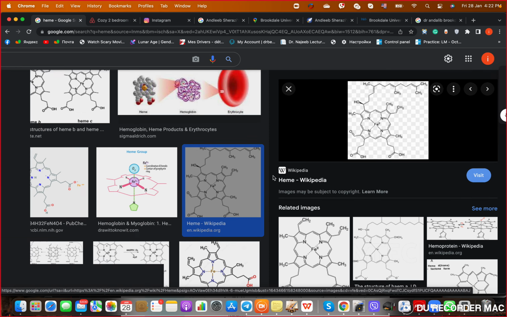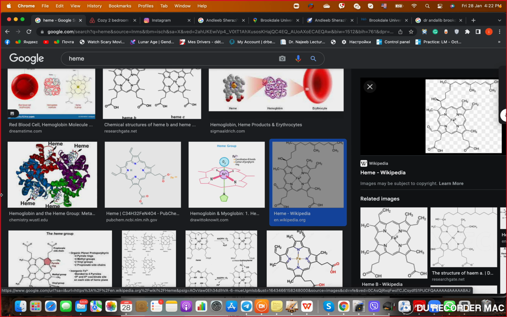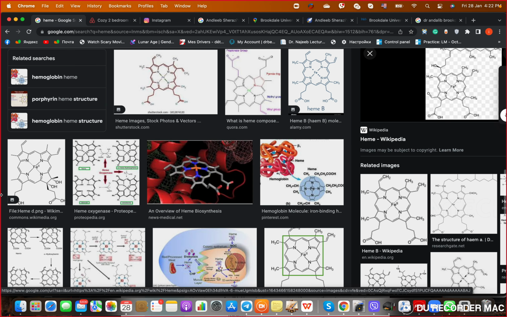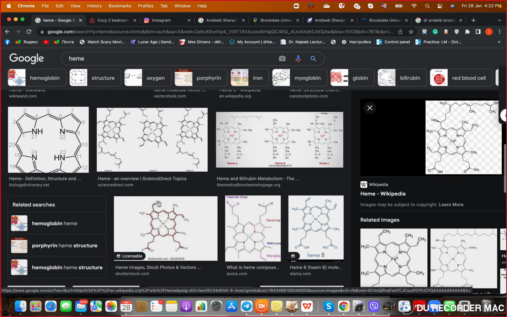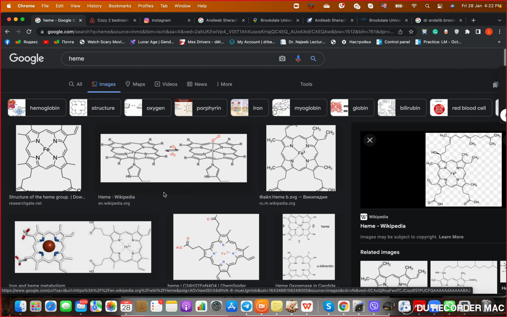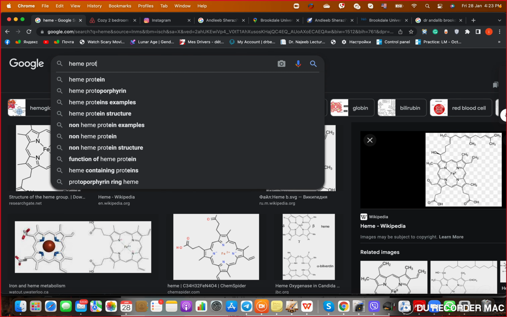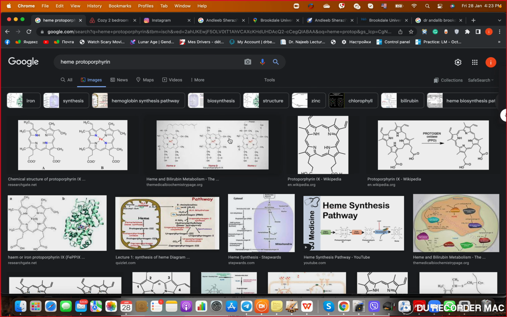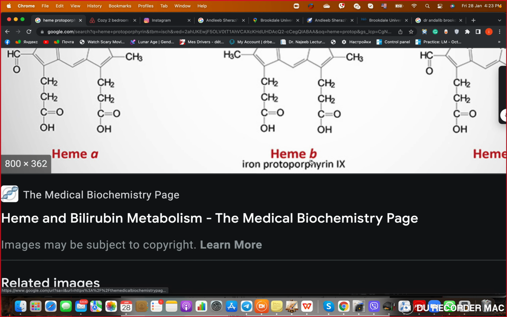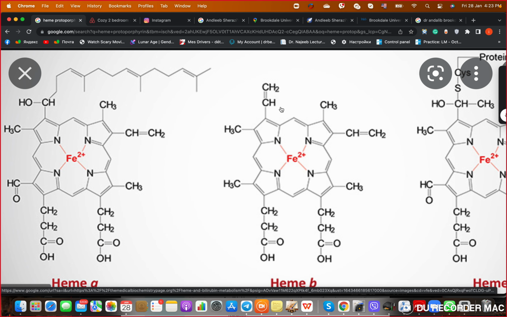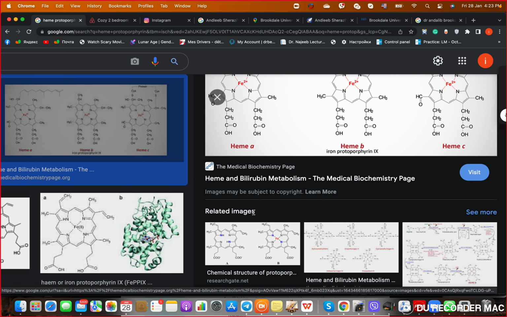The rest of the structure, we call protoporphyrin. So you can see that we have iron protoporphyrin. This is the iron and the structure around it is the protoporphyrin.